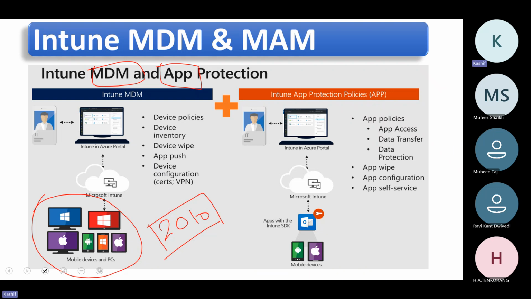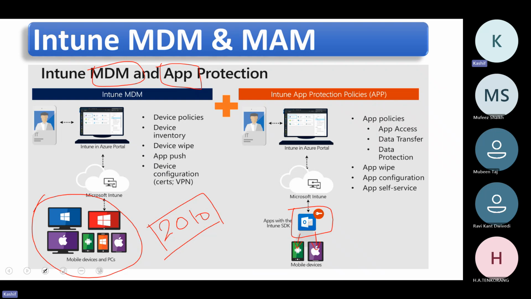You can also manage mobile applications, for example, Outlook, which is present in either Android or iPhone. You can create a policy for how this application will be protected, how the data of this application will be protected, and how the user will be utilizing this product. So all those things we can decide and configure in Intune.